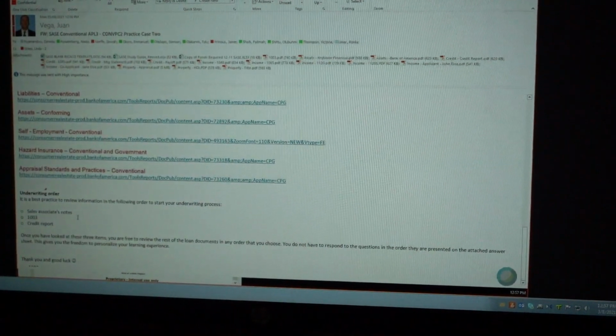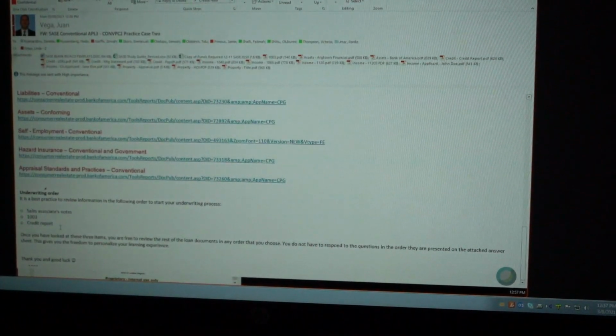All the documents you have up here, and basically all your links that you have available for the file. So same scenario, start with your 1003, go to the credit, go over all the documents. So again, it's just Jane and John, and what you have here is a rate and term refi of their home.